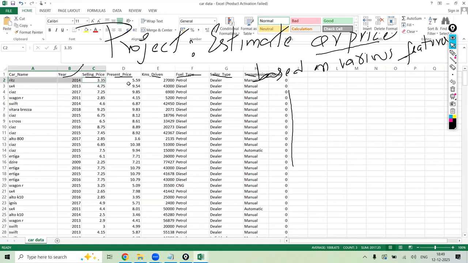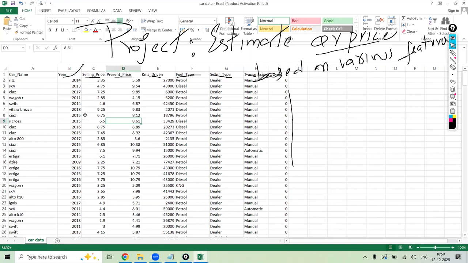Point is clear, guys. Everyone understood? So here we have the car name, year of manufacturing, selling price because it is a used car, new car price, and at what type of discount they are getting. For example, you just think, assume. Give it a try, guys.